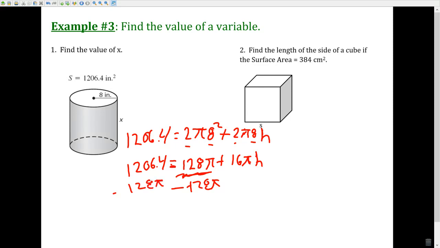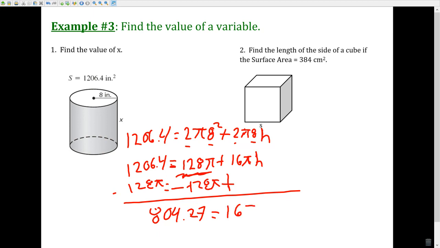Because it's not being multiplied, it's being added to this stuff, right? So that's why we're doing that. I got 804.27 equals 16 times pi times h. Now I'm going to divide because it's being multiplied by h, not added to h. That was the difference between this step and this step, right? So divide both sides by 16 pi to get h by itself.